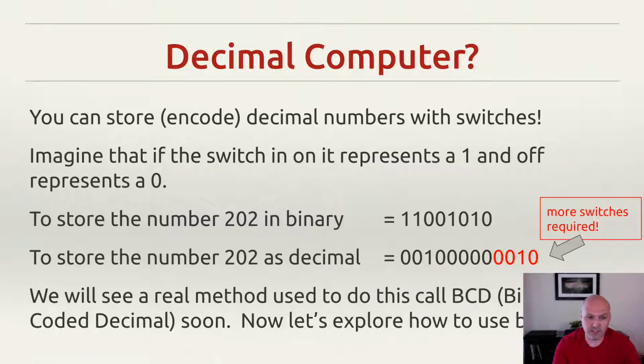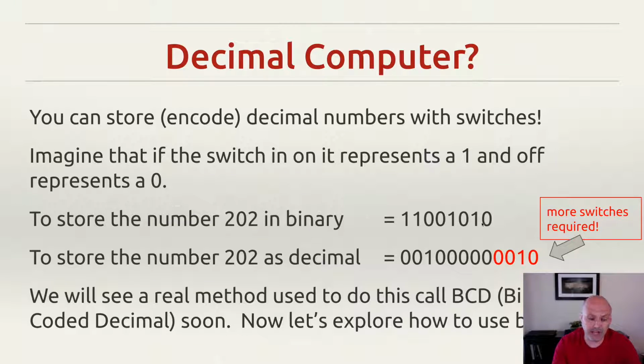And because our largest decimal digit is a 9, that means that the number 9 in binary is represented as 1001. That means that I need 4 transistors to represent a 9 and also an 8. Because of that, I need a grand total of 12 transistors to represent 3 decimal positions. So to store the number 202 in decimal requires more switches than it does in binary.